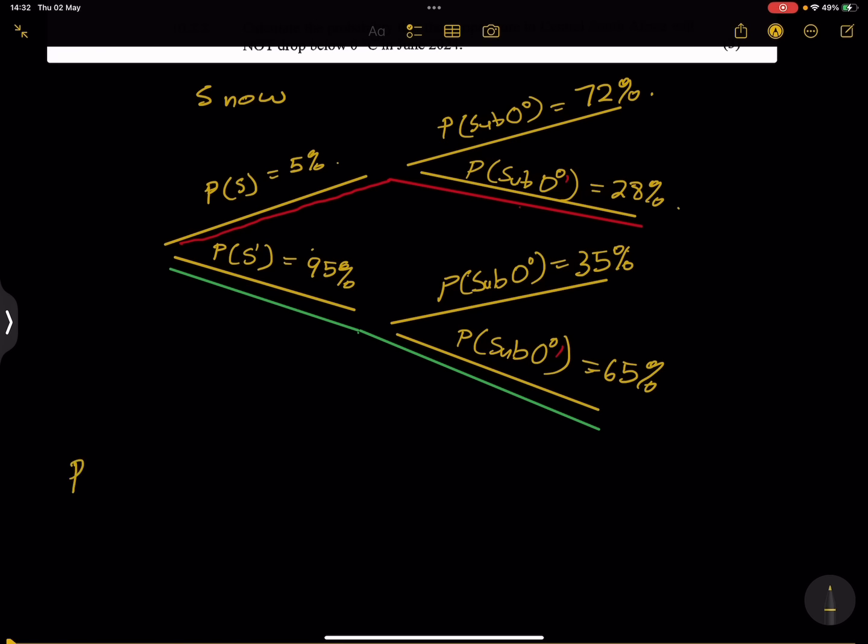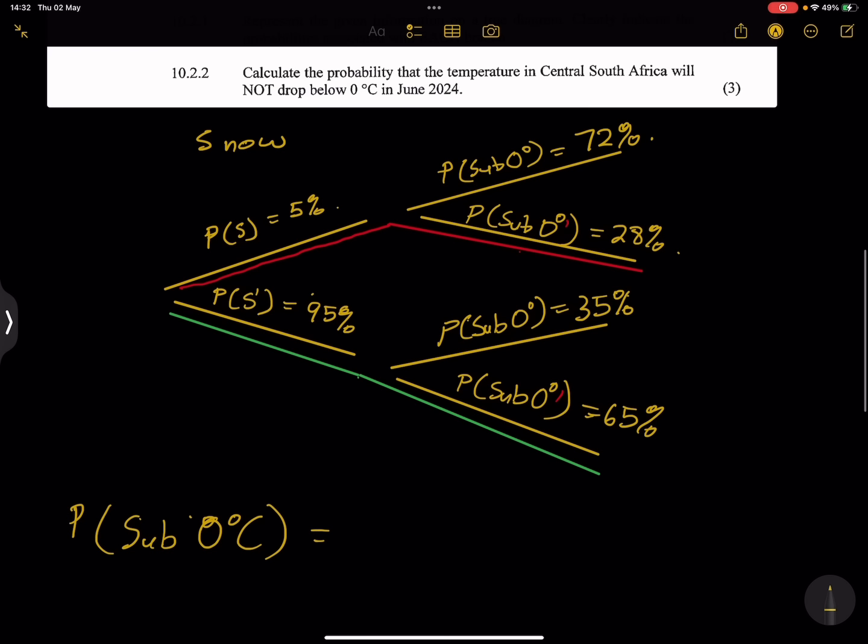The probability of not dropping below sub-0 degrees Celsius will be 5%, remember this is 5 over 100, so 0.05, multiplied by that probability, 0.28, plus, so I'm going to add the blue, the red and the green, plus 0.95, that's 95%, multiplied by 0.65.